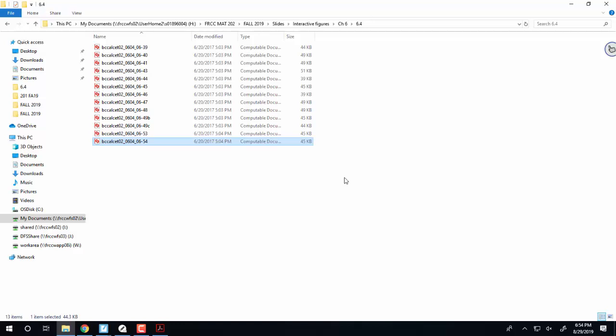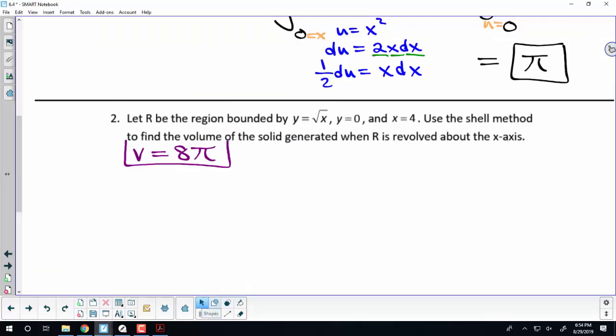Yeah, if the answer's on the board, well, I lied. Some people are getting 8 pi, but they have the wrong setup. There was nothing that defined this. Yeah, it says bound by the square root, y equals 0, and x equals 4.